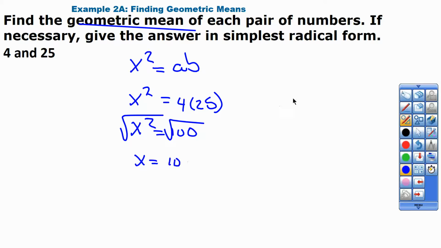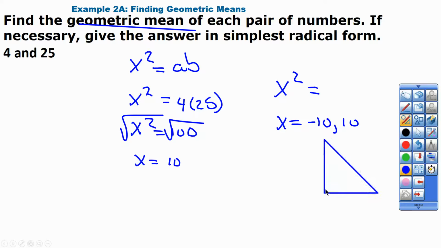But remember, x squared means that you have two answers, where x is equal to negative 10, positive 10. But remember when I said that the geometric mean has to do with a relationship of this right triangle that's going on here?